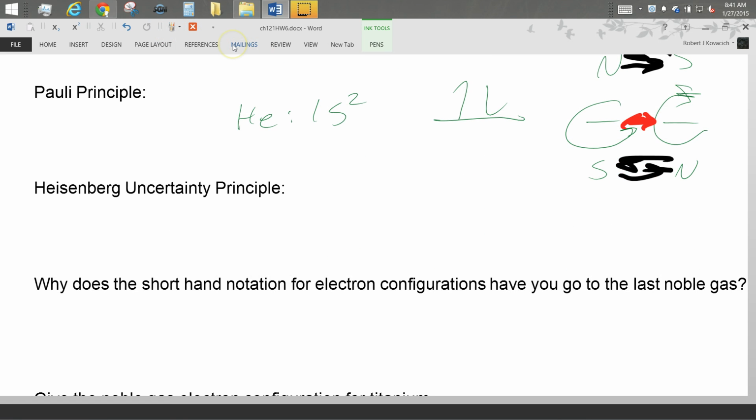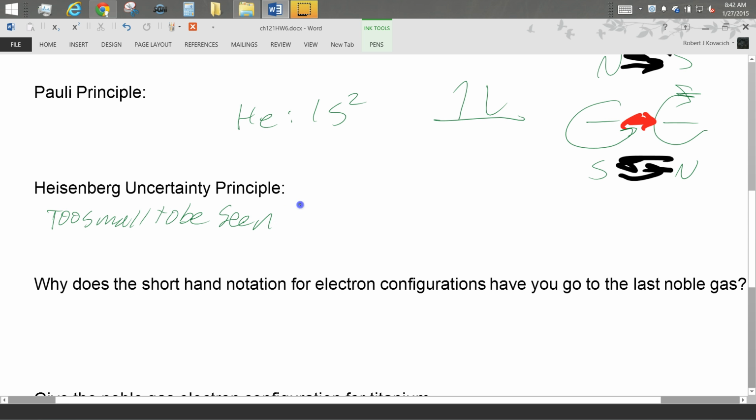Heisenberg's uncertainty principle, which one was that? They're too small to be seen. And what do we want to add to that? Sure.